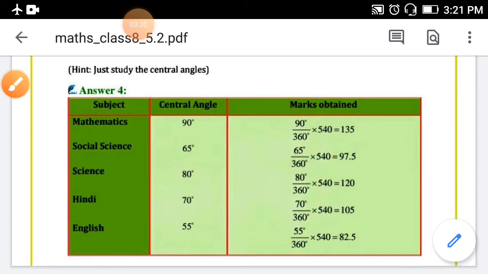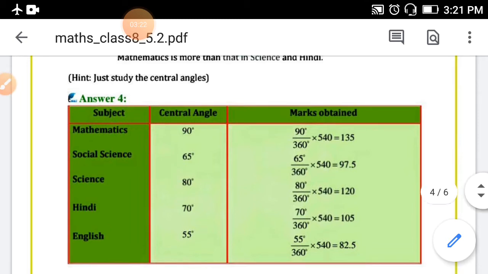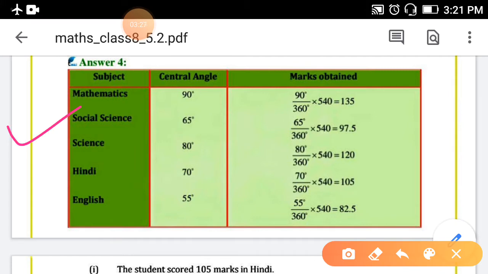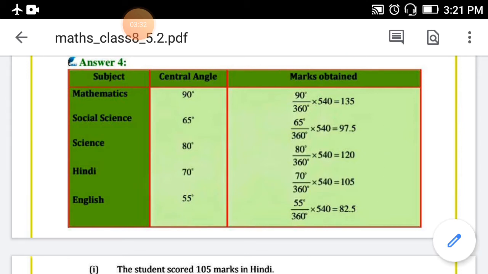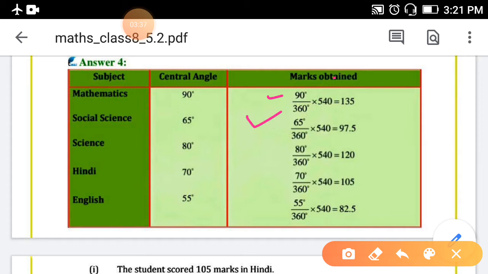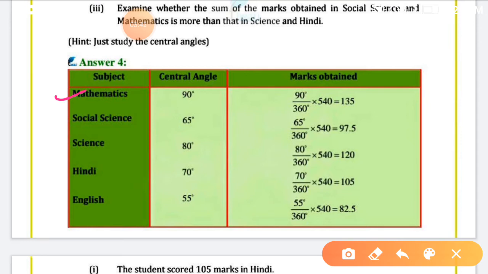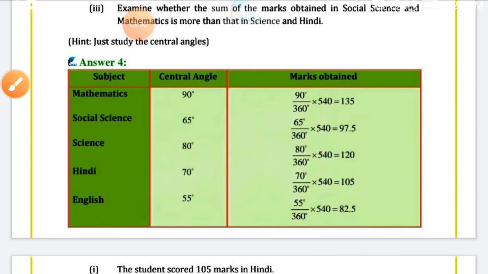Before calculating all the examples, you can make the table this way. Here from the central angle, you will get marks obtained. So you have to follow one formula: 90 divided by 360 into total marks. For maths, 90 divided by 360 into 540. Social science, 65 divided by 360 multiplied by 540.